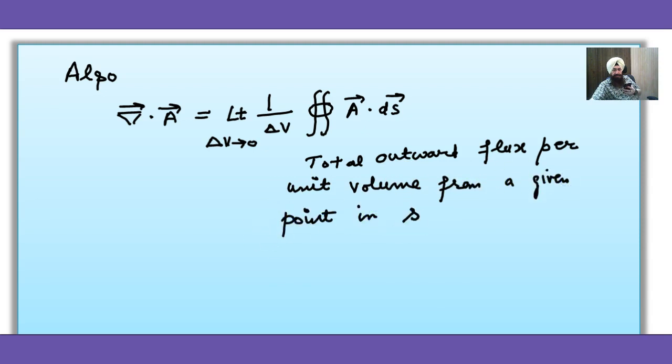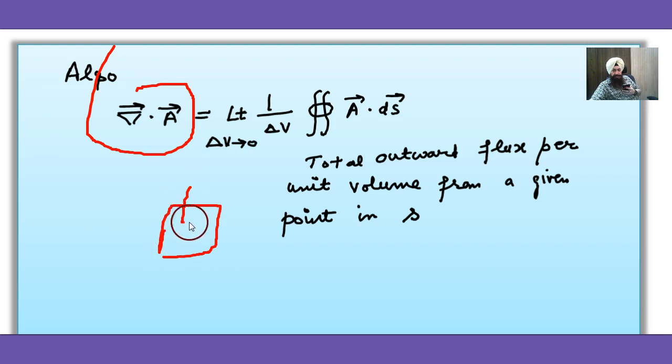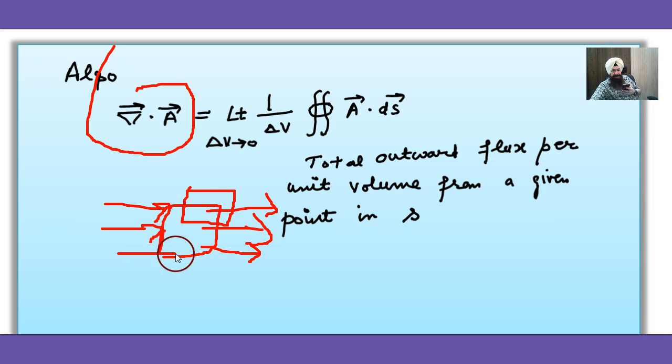And if this equals 0, one thing more: if this is a unit volume, a very, very small volume, and whatever the flux exits this element, if the same flux in magnitude enters, then the net flux becomes 0.